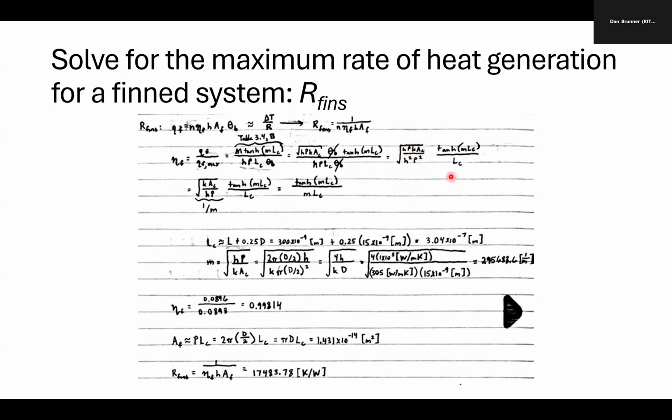And we'll get to that later. And then all of that is multiplied by the hyperbolic tangent of this lowercase m times the characteristic length all over the characteristic length. So if we do that simplification that I was just talking about, we can see that this term is equal to 1 over lowercase m. Again, that is an expression given near the table.